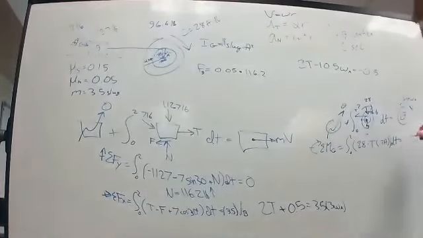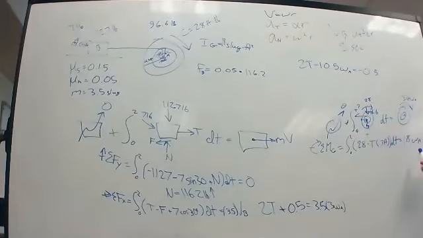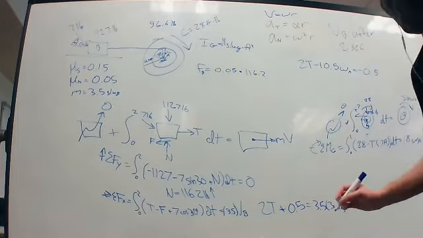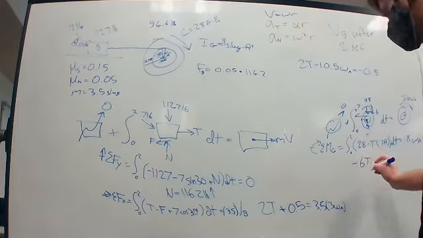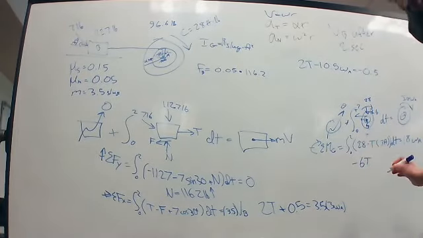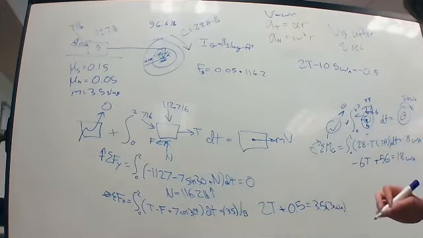So all we're doing here is saying equal to 18 omega A, because IG is 18 slug feet squared. Omega A is unknown. That's what we're looking for here. T is our other unknown. We can do the integral out, and it comes out to be minus 6t plus 56 equal to 18 omega A.